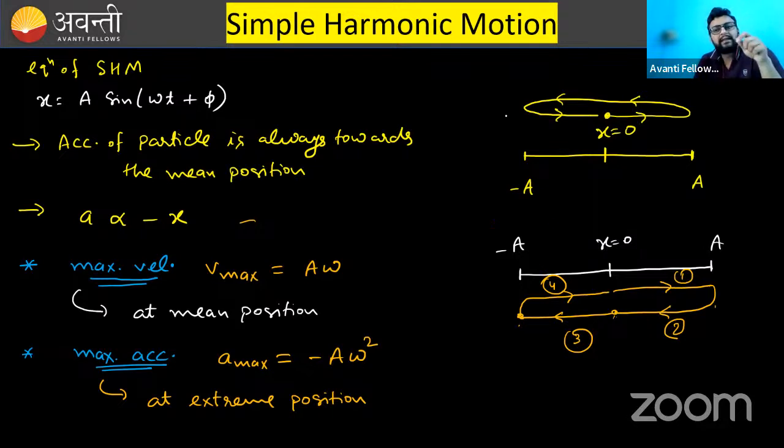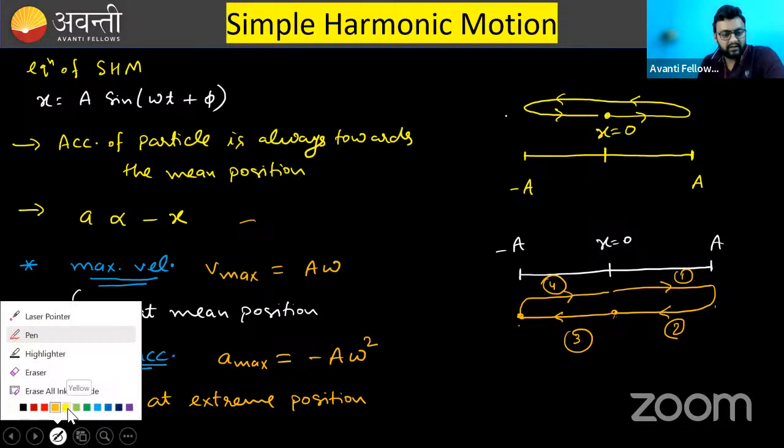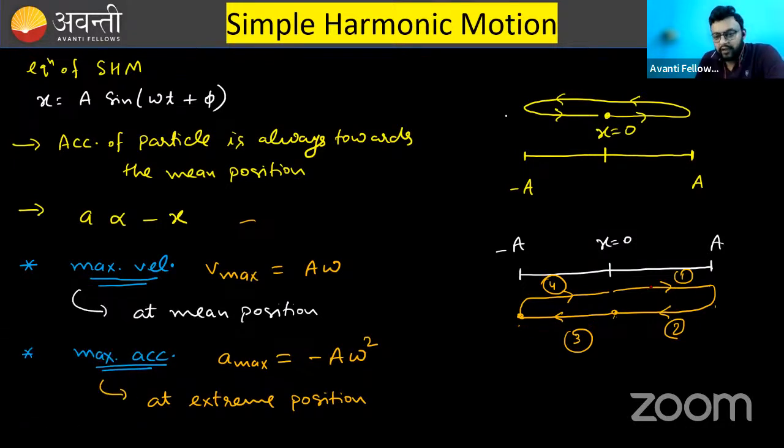What I'm saying is that all these 4 steps are identical in terms of time. That is, the time taken in part one is equal to the time taken in part two, equal to the time taken in part three, equal to the time taken in part four.